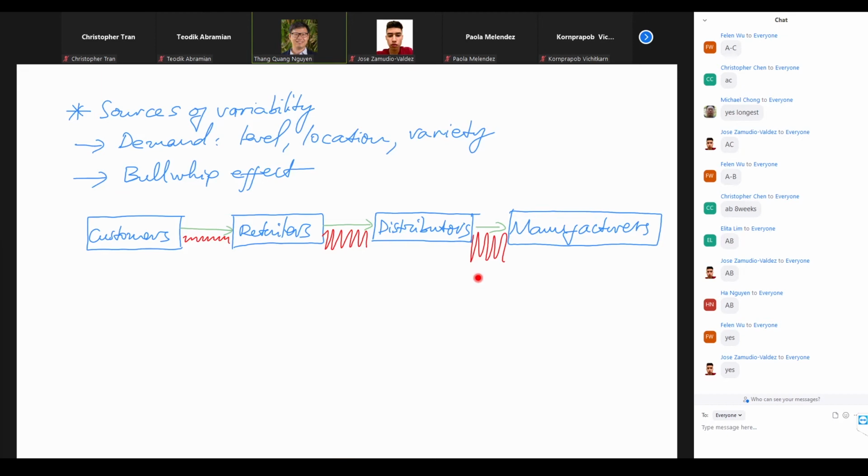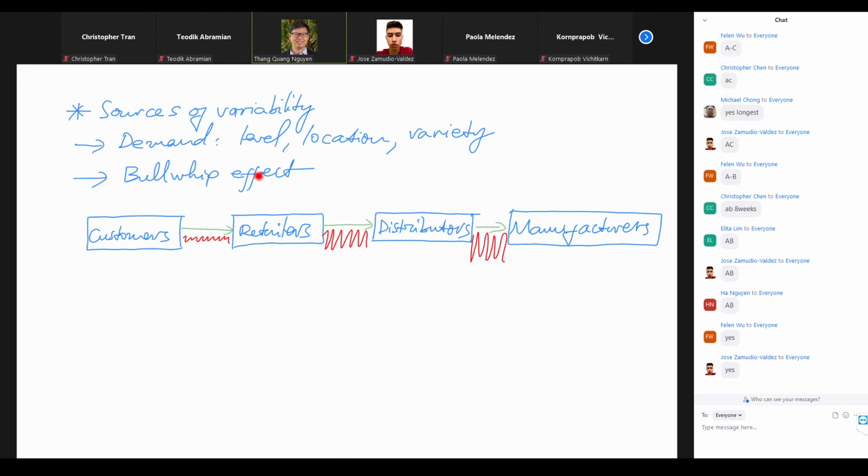It's like the bullwhip: we only swing the handle a little, not too much, but the end of the rope travels very far and wide. It's like the handle that we are holding here, and the end of the rope is right here, right? It fluctuates. It fluctuates a lot.